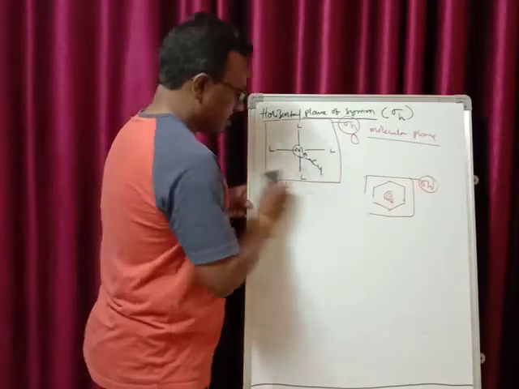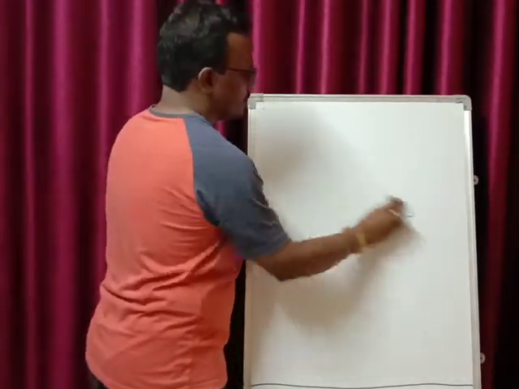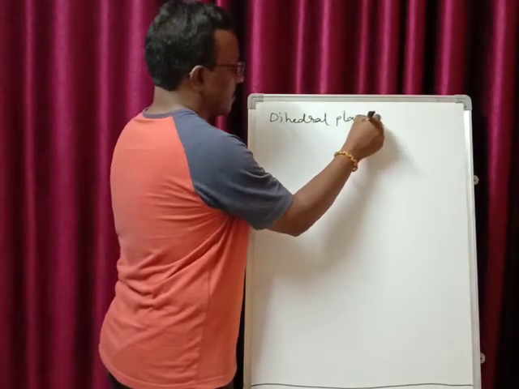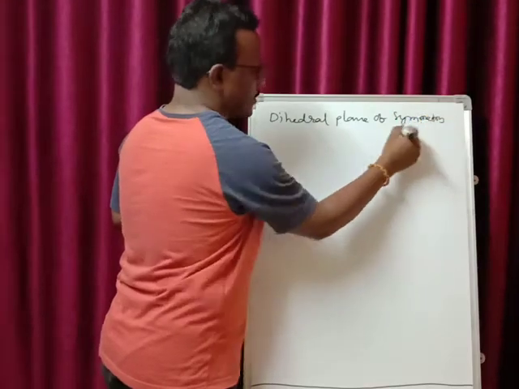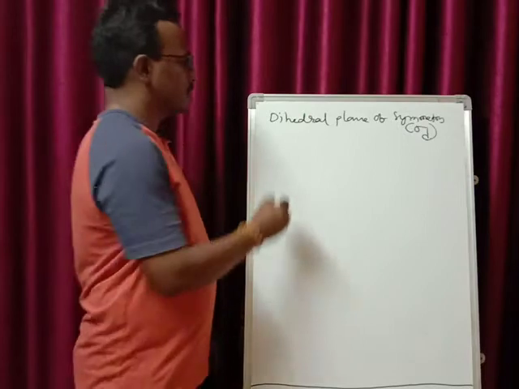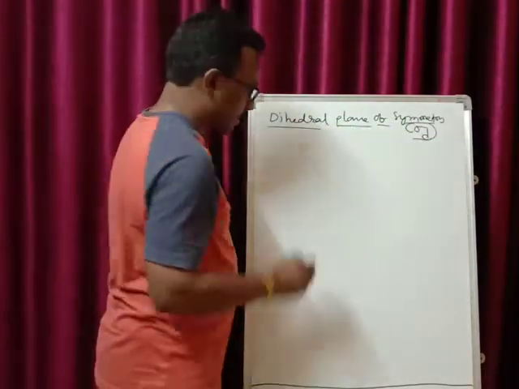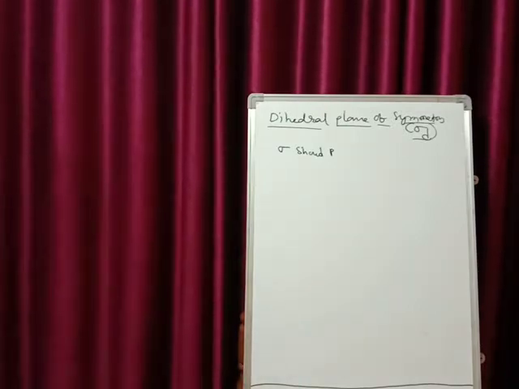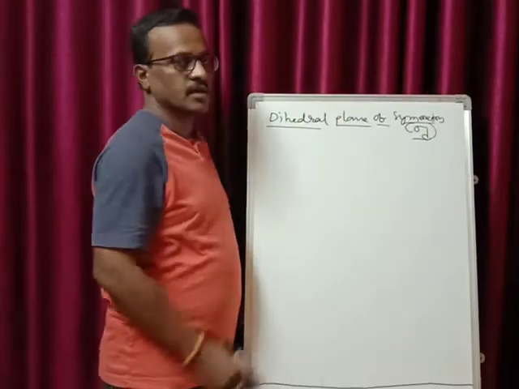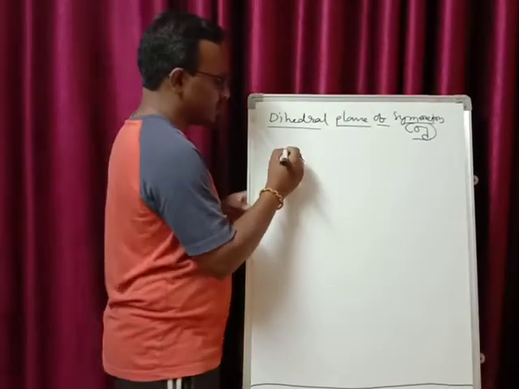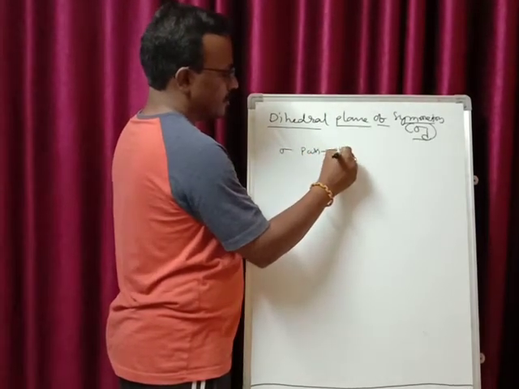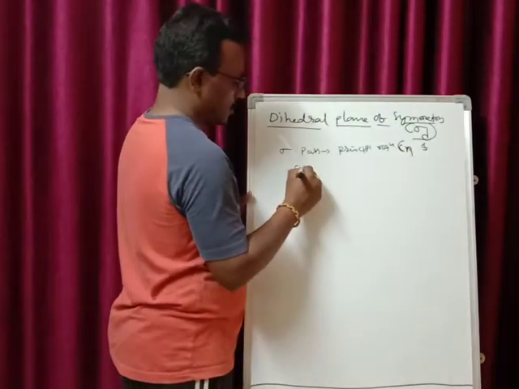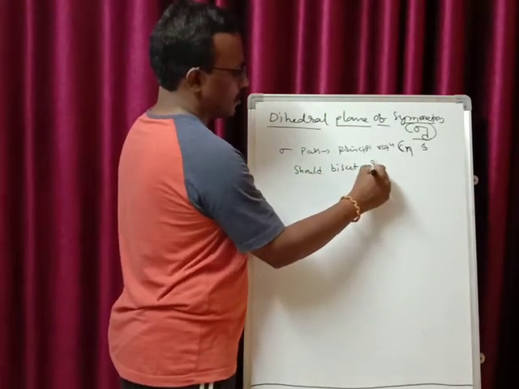Now let us continue our lecture with the third type of plane of symmetry, that is the dihedral plane of symmetry, which is called sigma D. The condition for sigma D is that the plane should pass through the principal rotational axis, that is Cn, and it should bisect two C2s.